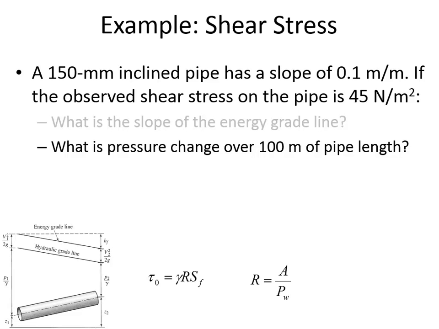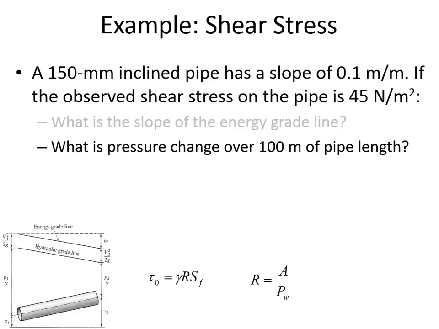it's 0.9950. Remember the definition of H sub f, the energy loss per unit length of pipe: we can find it from the slope of the energy grade line divided by the cosine of the angle. And so it was 0.12232 meters per meter divided by 0.9950.